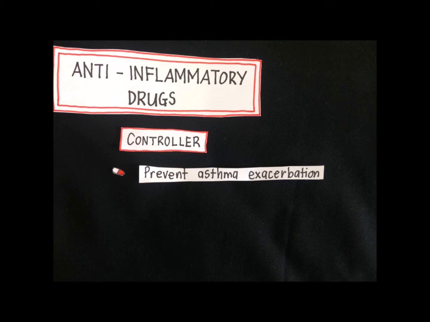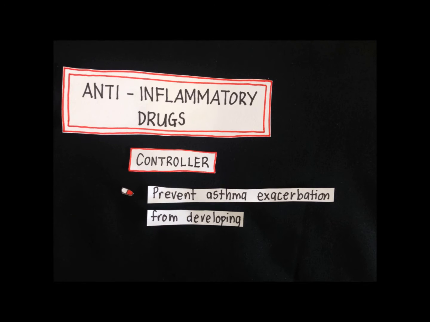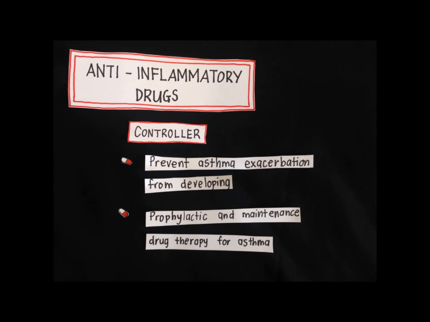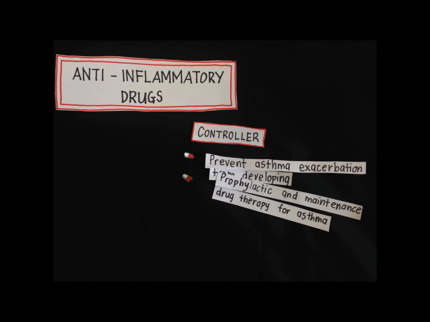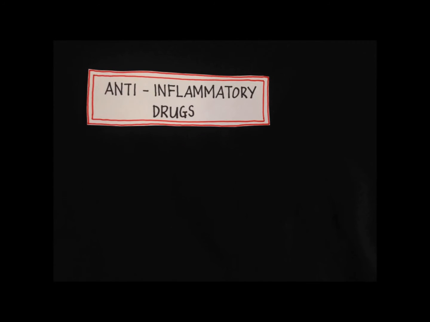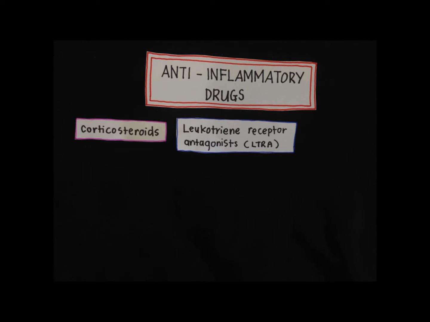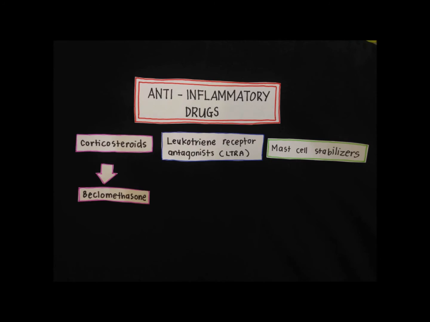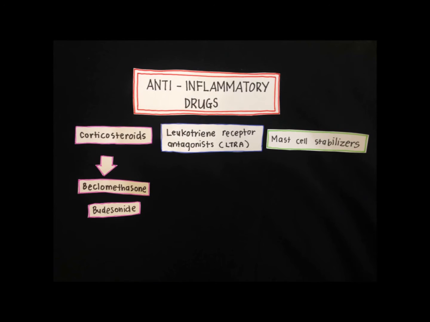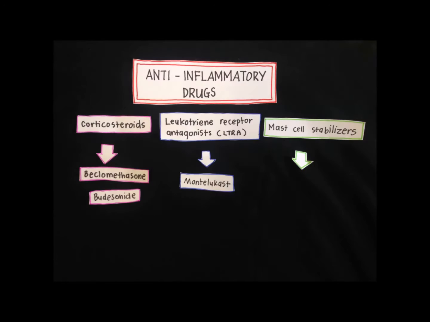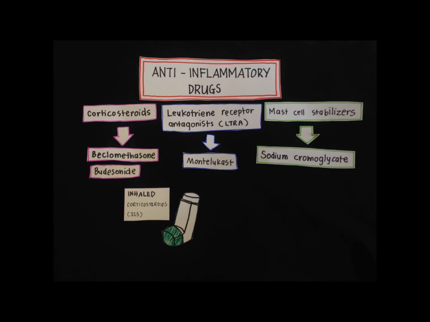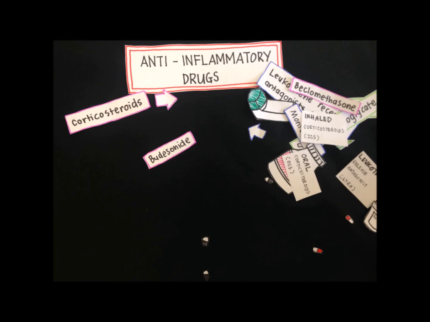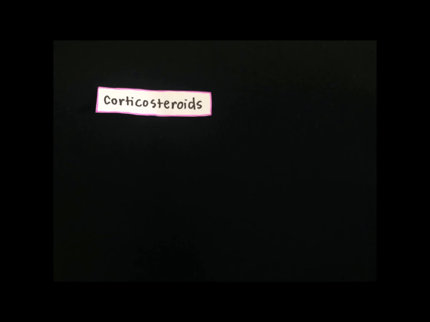Anti-inflammatory drugs prevent asthma exacerbations from developing and are also prophylactic and maintenance drug therapy for asthma. They are divided into corticosteroids, leukotriene receptor antagonists, and mast cell stabilizers. Examples: corticosteroids such as beclomethasone, montelukast for LTRA, and sodium cromoglycate for mast cell stabilizer.